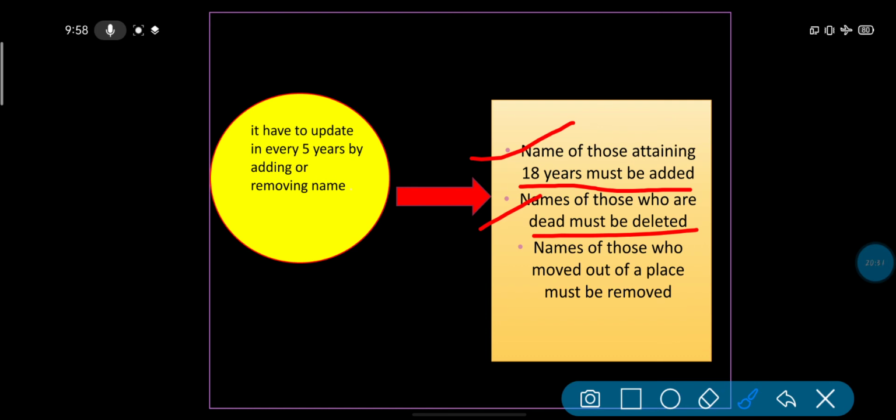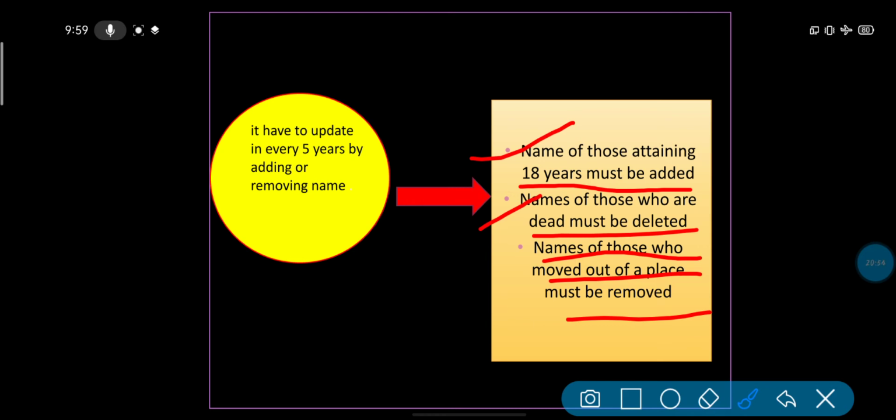Names are also deleted from the list of those who have moved out of the place. For example, they may have lived in India but for 5 years they are not living there; they leave the place and settle down in other places. So from that constituency's list their name is deducted.